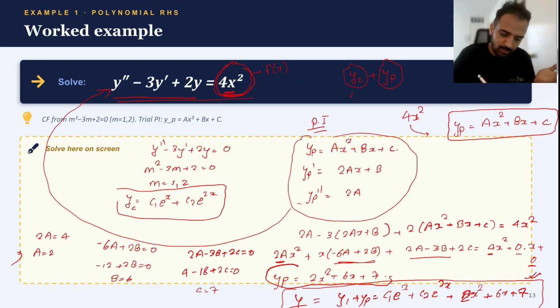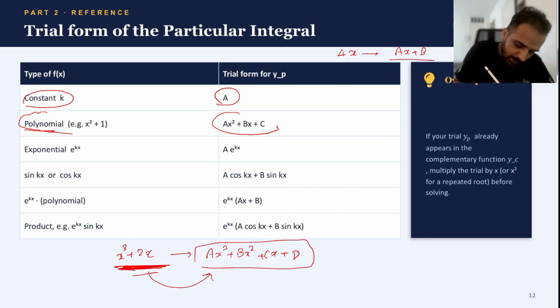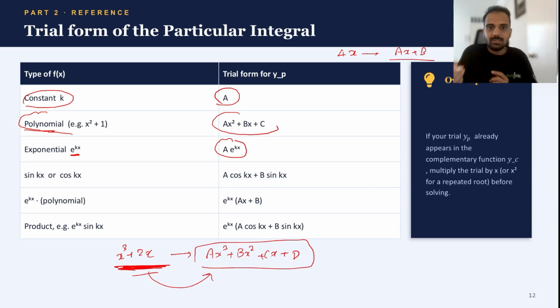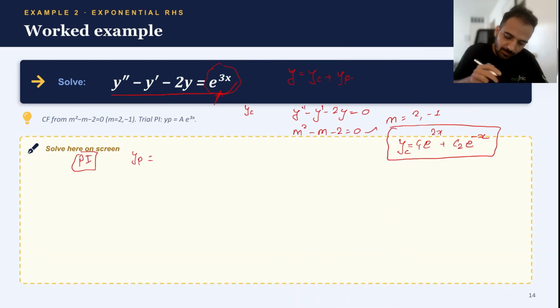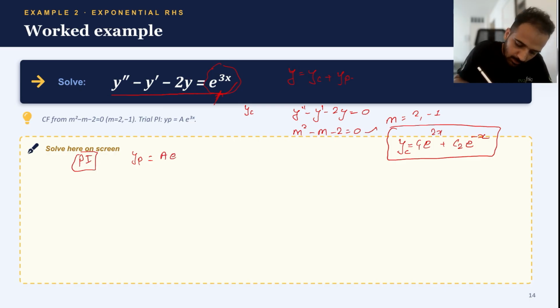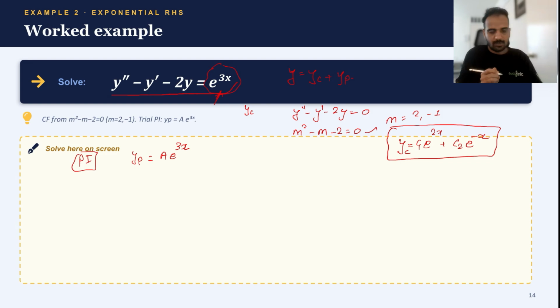So your trial solution, by looking at this table, if the forcing term is exponential kx, your trial solution will be a exponential kx. So in this case, our trial solution will be a exponential 3x, right?